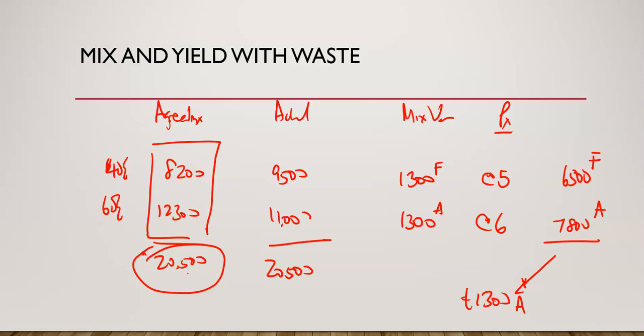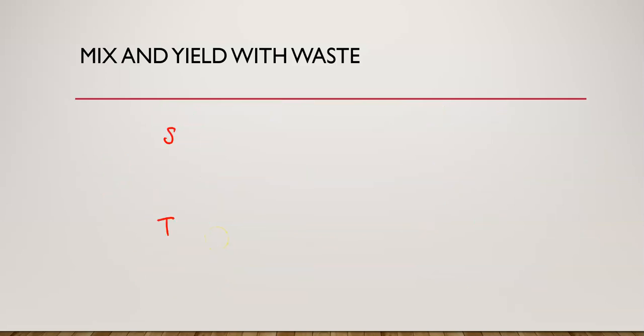So 8,200 and 12,300 was the agreed mix of 20,500. And this is what you actually did. You sold 20,500 in the standard mix, because I've done mix already.